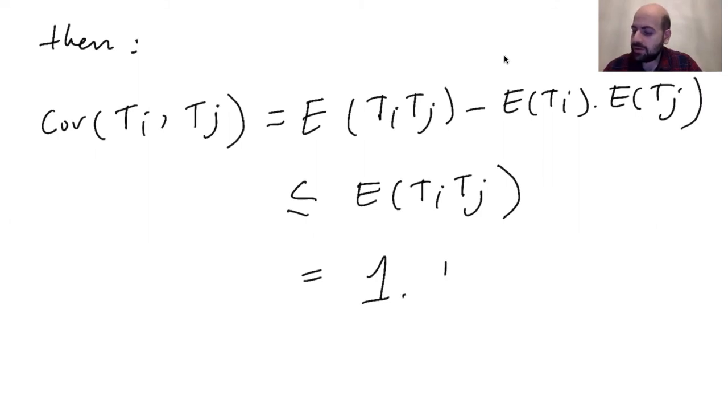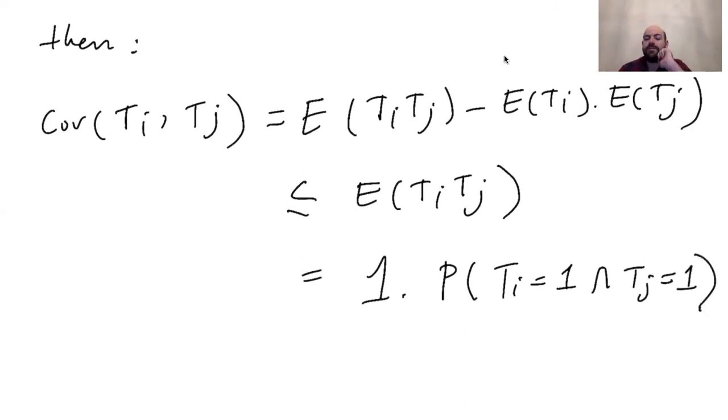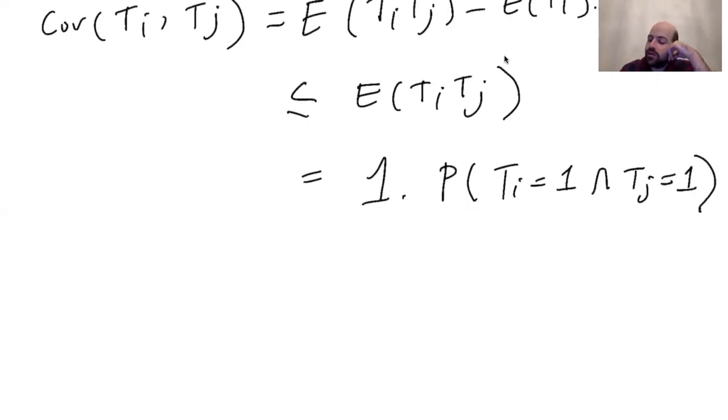So 1 times the probability that Ti is 1 and Tj is 1. Only if both of them are 1, then Ti times Tj is 1, and I will have a non-zero term. And now what is the probability that Ti and Tj are both 1?